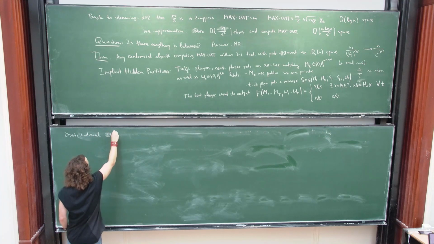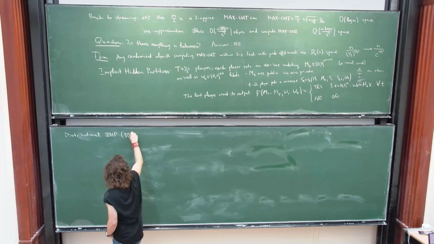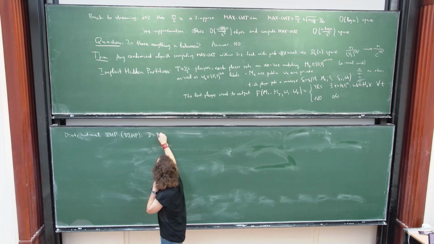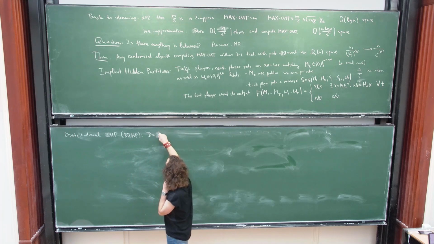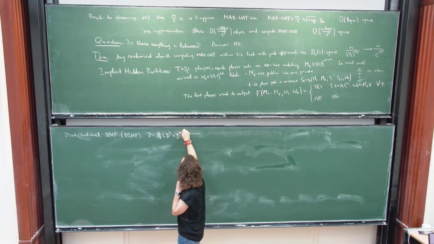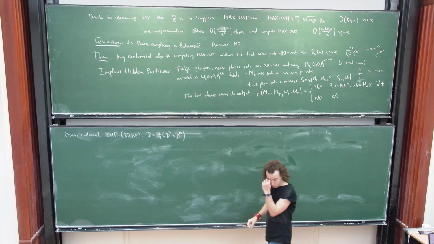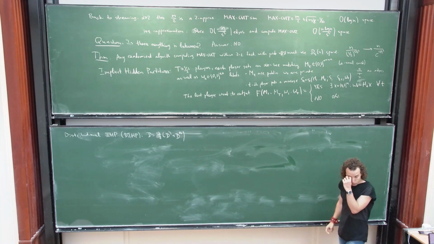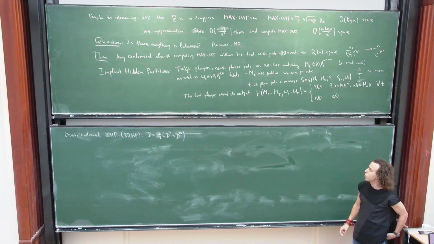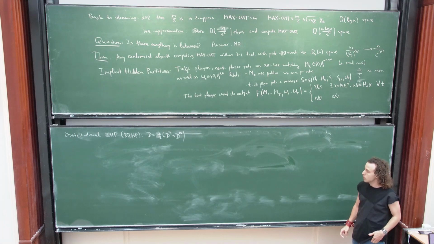So the distributional version is the implicit hidden partition problem, DIHP. The distribution is: with probability 1/2, you draw the graph from the yes instance and with 1/2 from the no instance. So what is the yes instance?